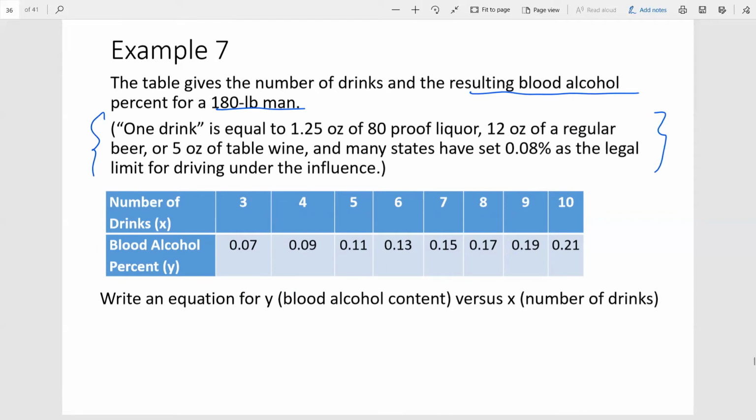And so for 3 drinks, the blood alcohol percent is 0.07. For 4 drinks it is 0.09, and so forth and so on. They want us to write an equation for the blood alcohol content versus x, the number of drinks.